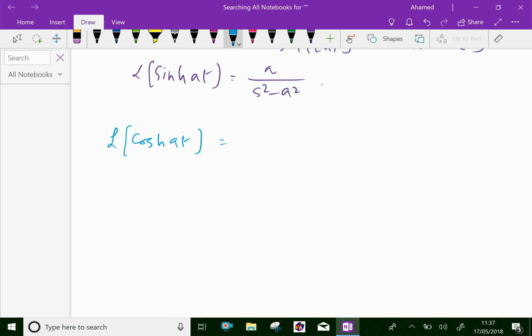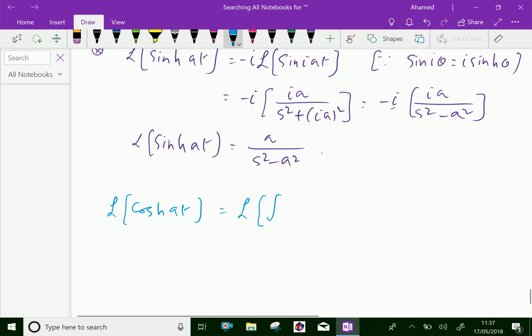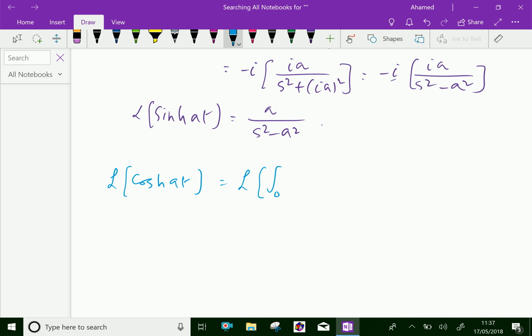By definition, this is the integral from 0 to infinity of e power minus st into cosh at dt.